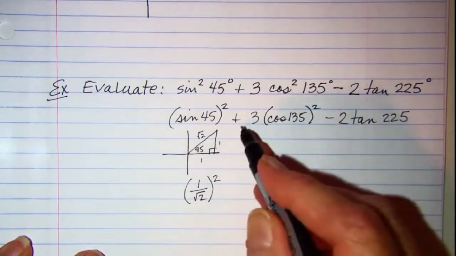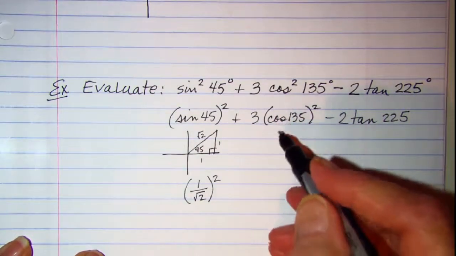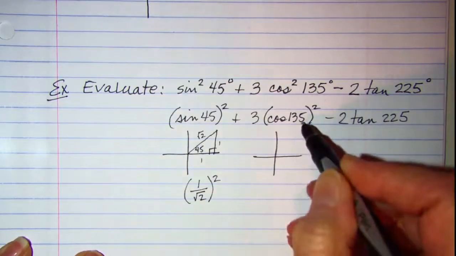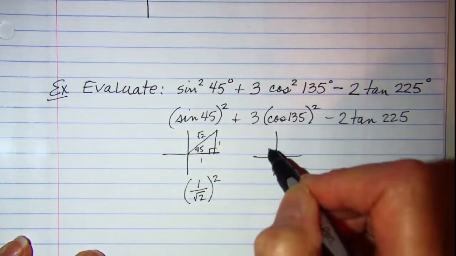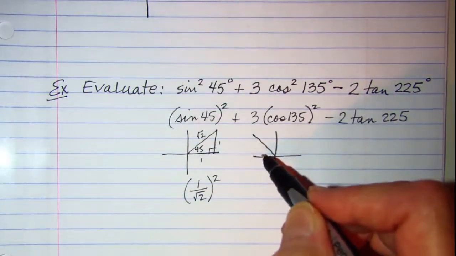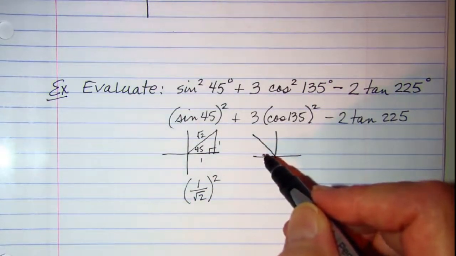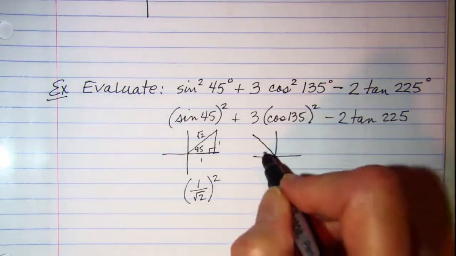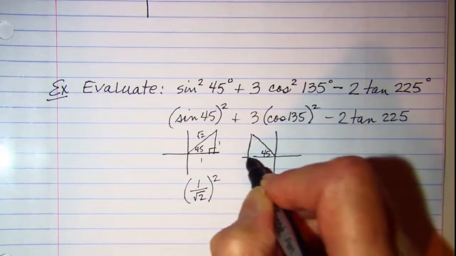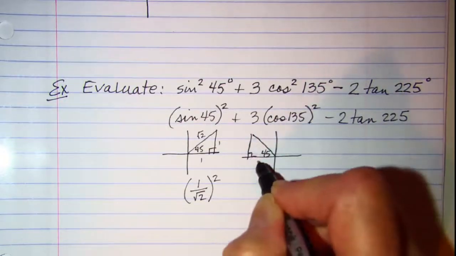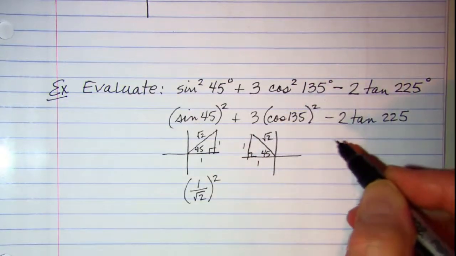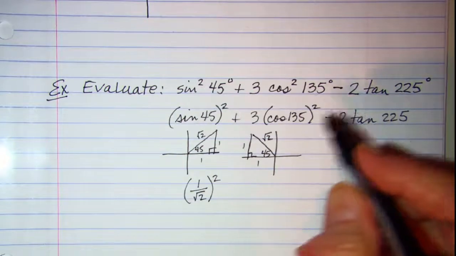Right, let me come along and do this next one. 135 has a terminal side in quadrant 2. If we take 180 minus 135, we see that we have a reference angle of 45. Our reference triangle can be drawn here, and our 1, 1, root 2 put in as the sides of our 45, 45, 90 triangle.